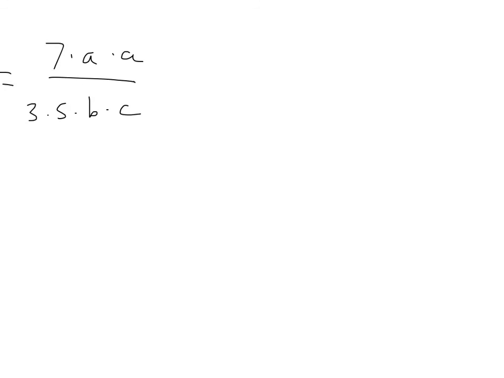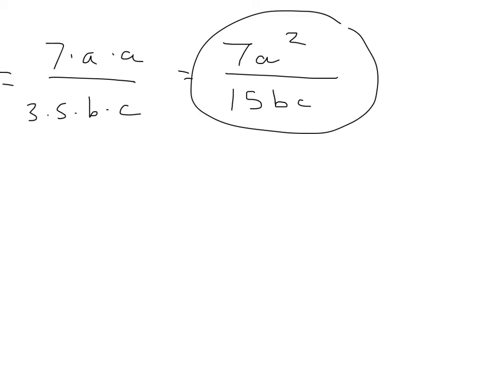Simplifying that even further, I can write that as 7a squared over 3 times 5 is 15bc. And you are done with simplifying that variable expression.